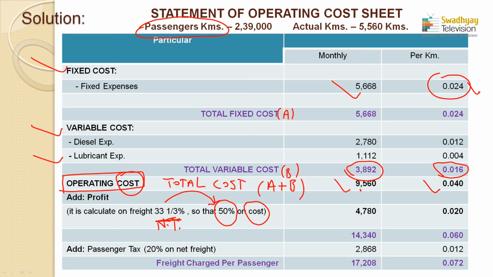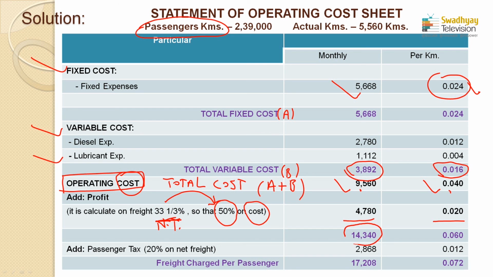So here it asks for 50% profit charged on cost price. The total cost is 9,560, and 50% charged on this cost price comes to 4,780 rupees. 50% of this is 0.020, added into the cost.